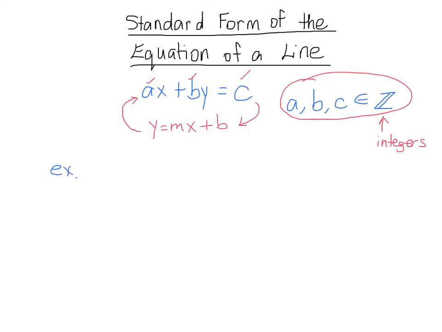So let's begin with an example. In my example, I have a line and I want to change it. Right now, it's in slope-intercept form: y equals 1/3 x plus 2/5. And I want to change it to standard form.